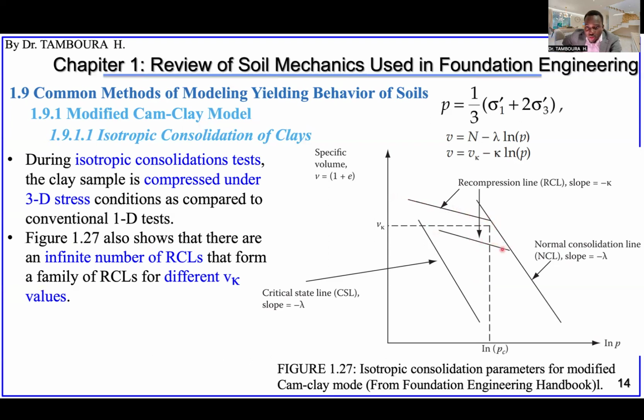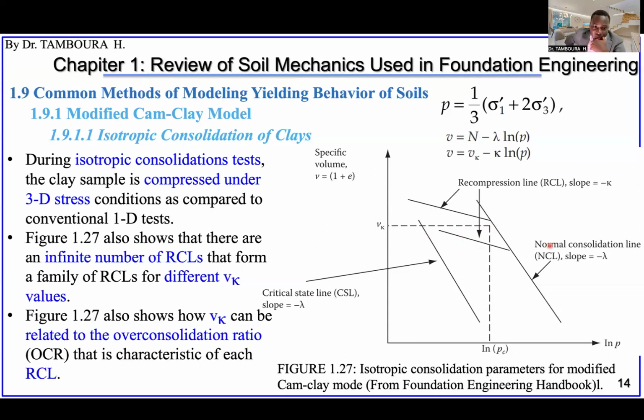This is another one. We can have many of them, and that will form a family of RCLs for different VK values.